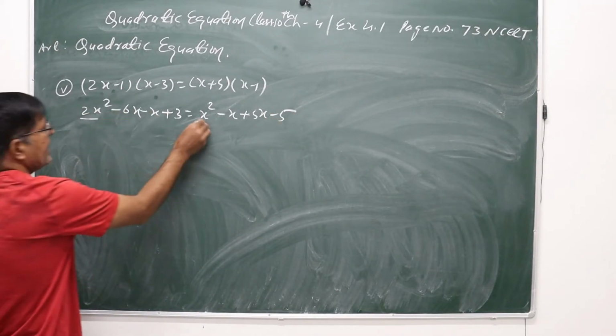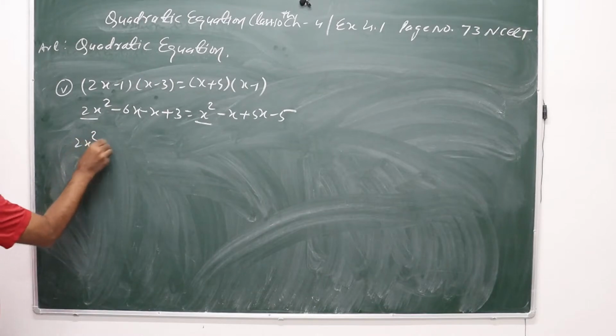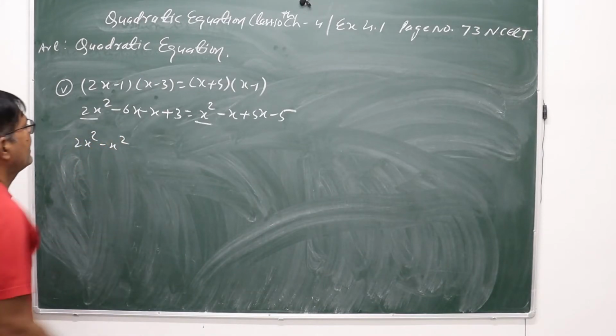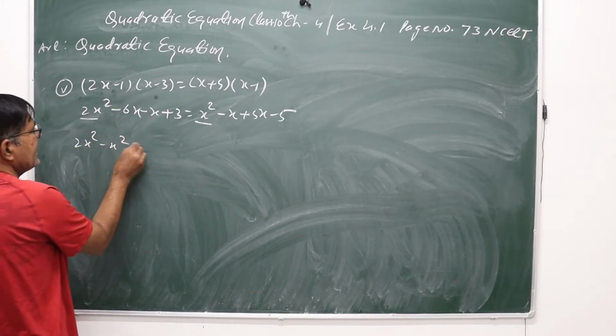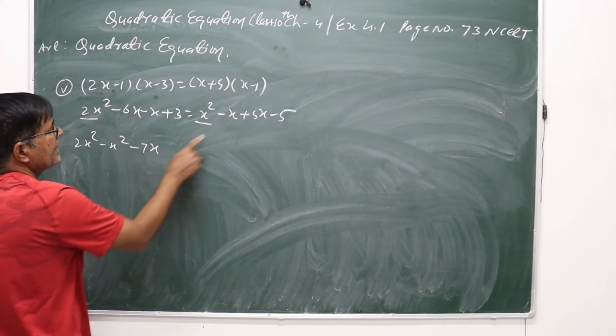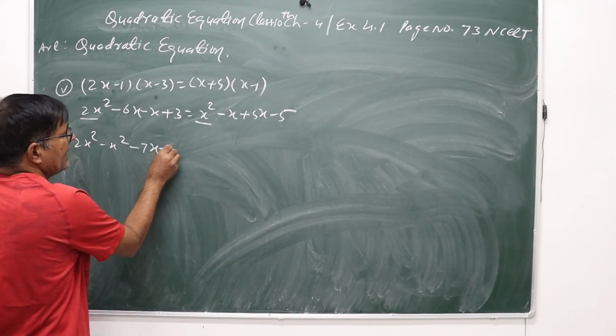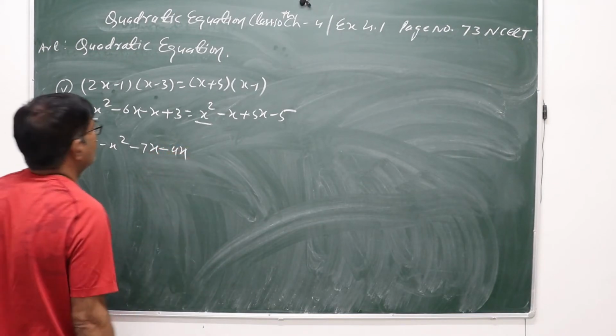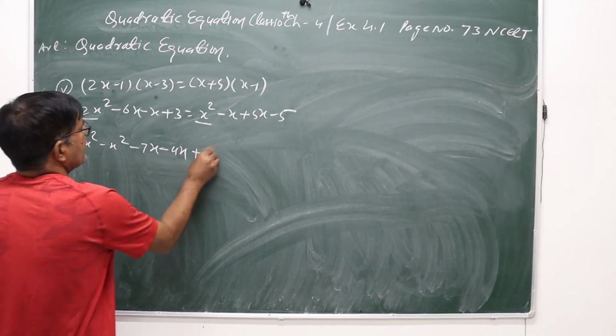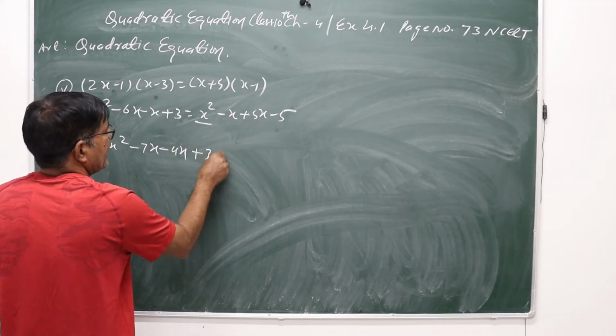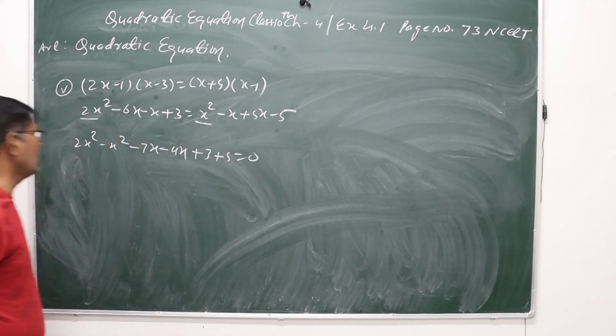This is the quadratic term, 2x square minus x square, then minus 6x minus x, minus of 7x, minus x plus 5x, 4x राइट में ट्रांसफर करेंगे तो minus of 4x, and this is the plus 3 and minus 5 राइट में लाएंगे तो plus 5 is equals to 0.